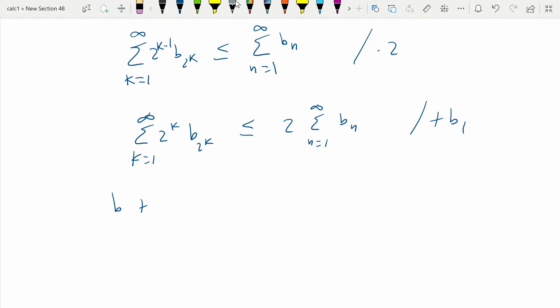Well, b1 is the same as b1 times 2 to the 0. So we can put this back into this sum and incorporate it in here, and we get that the left hand side converges because we are adding a number b1 plus 2 times something that we know converges, something we know is finite.